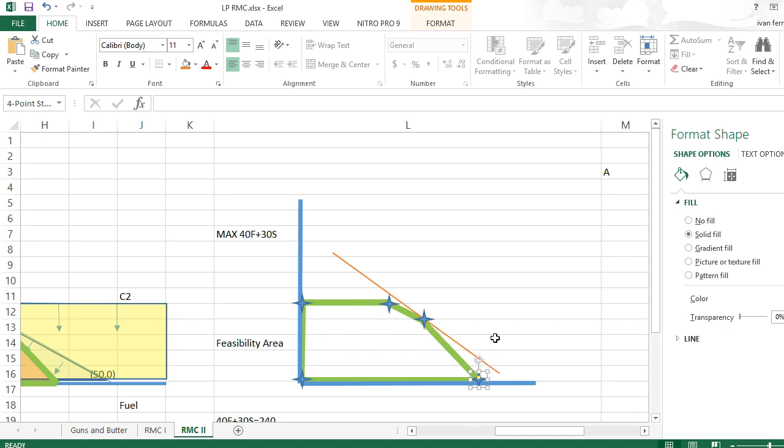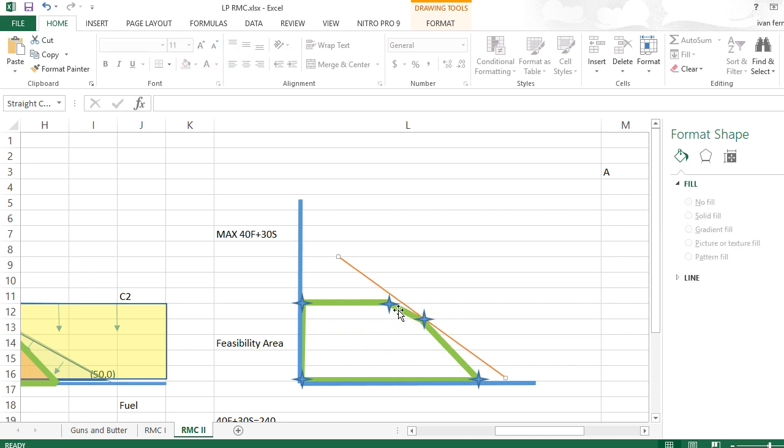But I can tell you this from experience, it's never going to be here, hardly ever going to be there. It's one of these three. So which one is it? Well, all you have to do is equate your line to each of those 3 points. Actually, it cannot be this point.